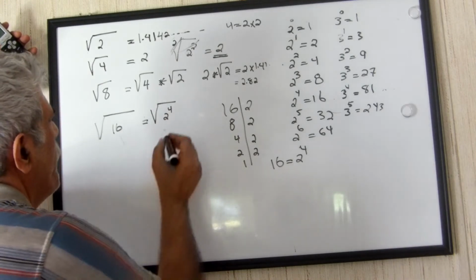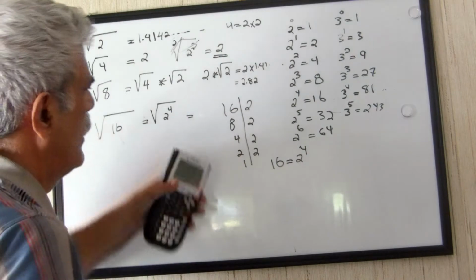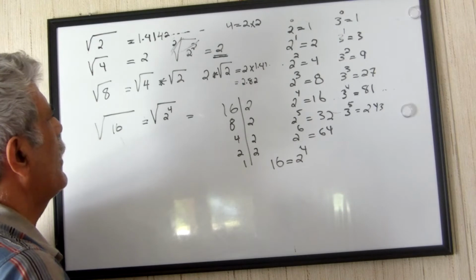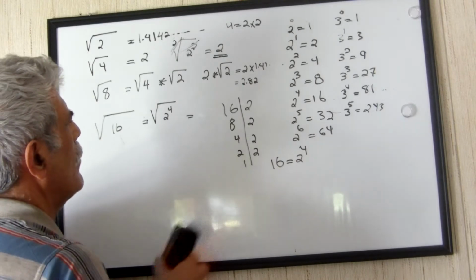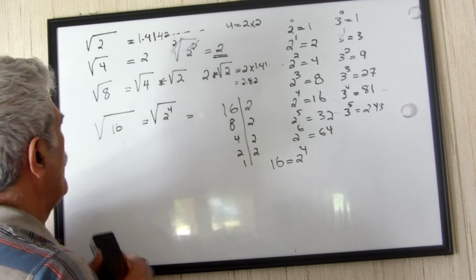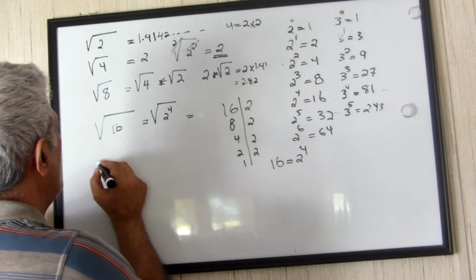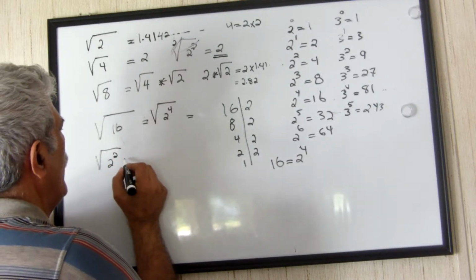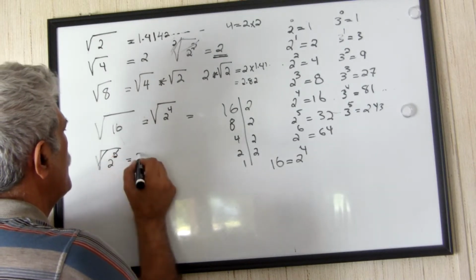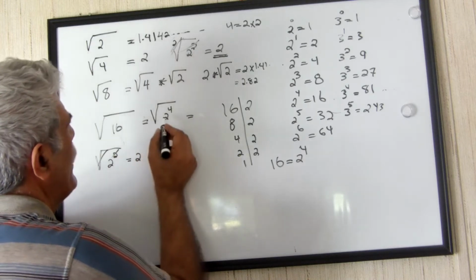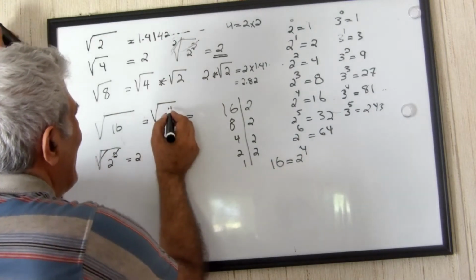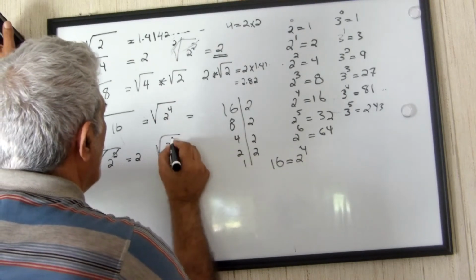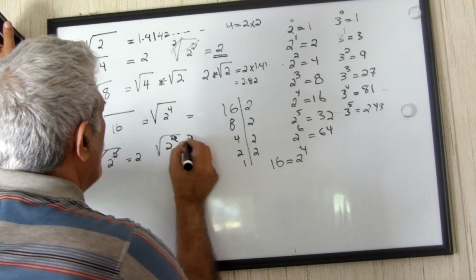We can write this one as the square root of 2 to the power of 4, which we can write as 2 to the power of 2 times 2 to the power of 2.